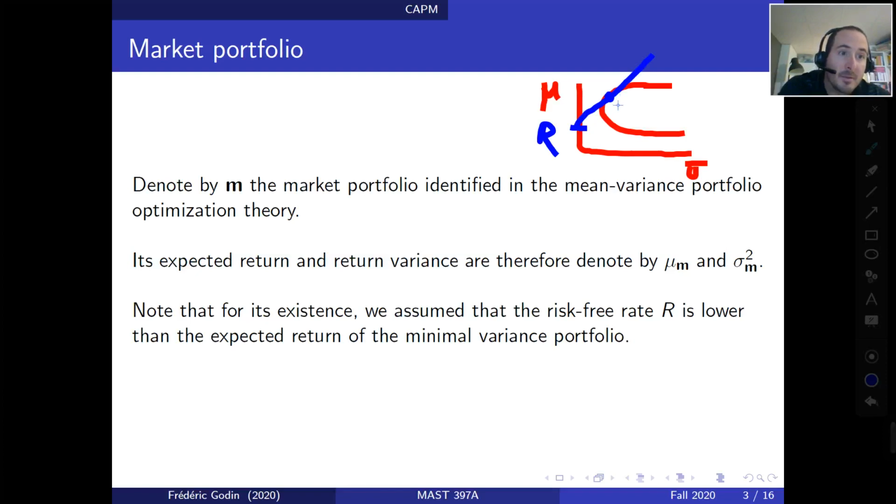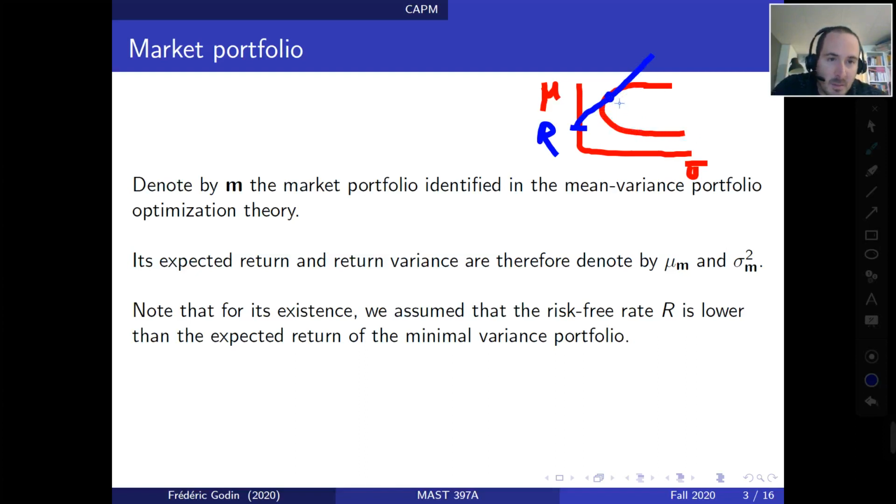call the market portfolio. So the market portfolio is the only portfolio which is fully invested in risky assets because it's on this line here, but which is also optimal when we include the risk-free asset.